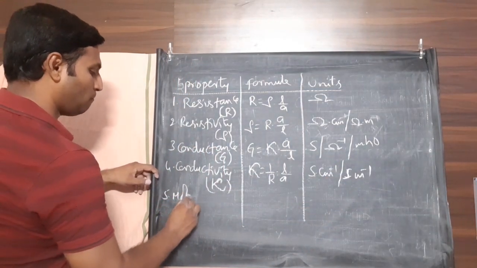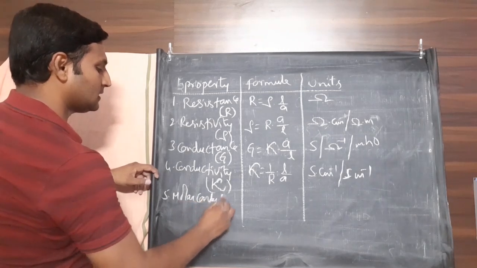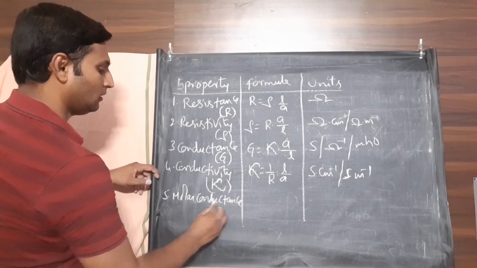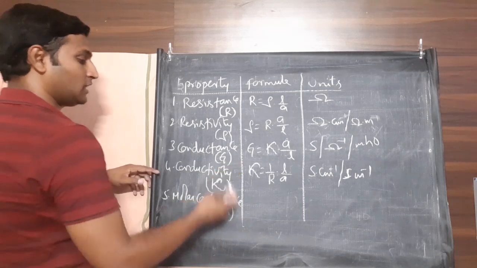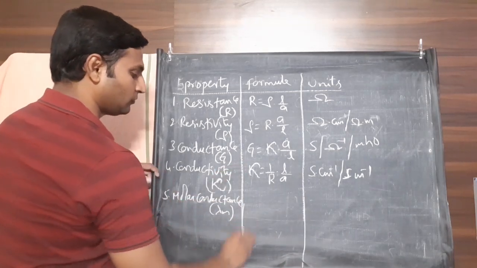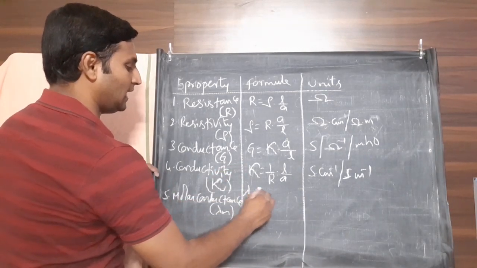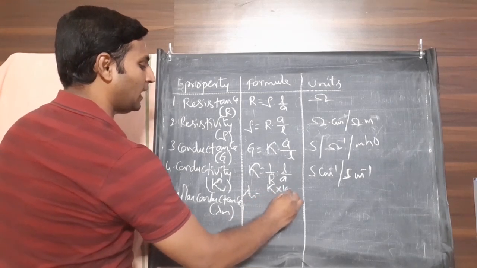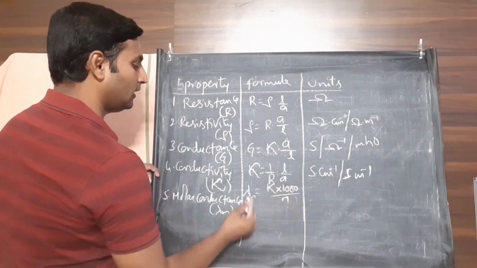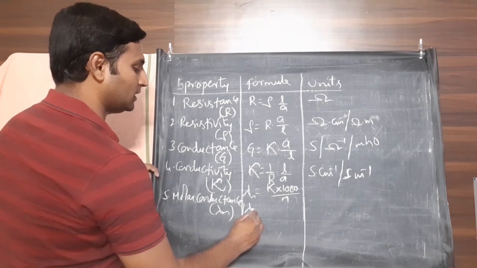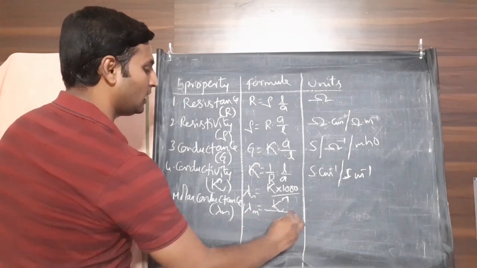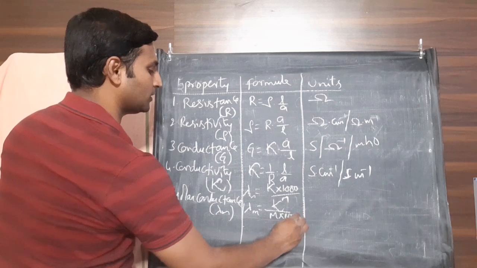Fifth one, molar conductance, lambda m, and for this 2 formulae we will get. One is in CGS units, lambda m is equal to kappa into 1000 by molarity. One is in SI units, lambda m is equal to kappa by molarity into 1000.